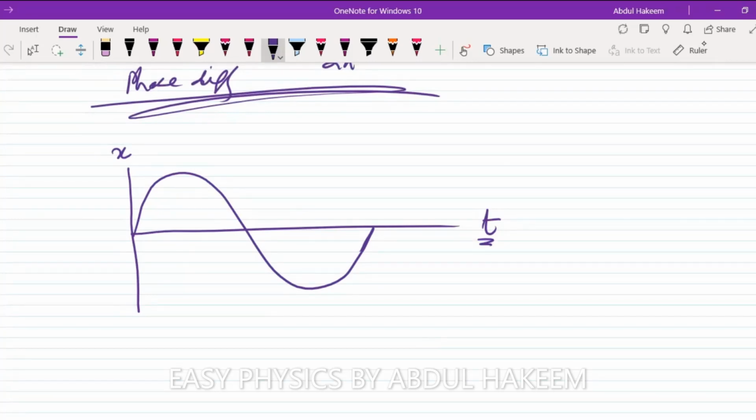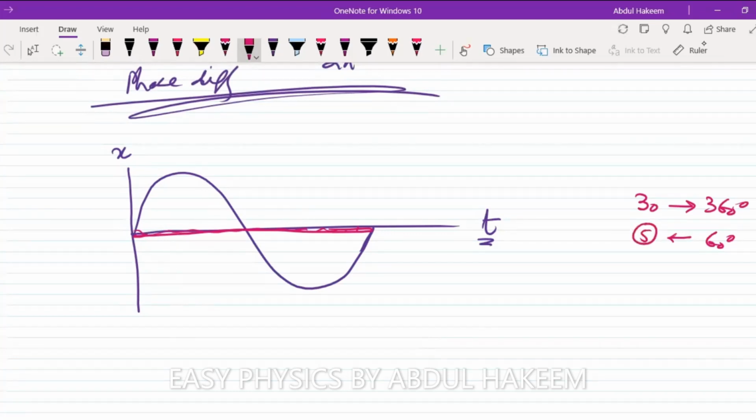So suppose from this point to this, the number of small boxes is 30. We will count the number of boxes on the graph. Suppose 30 boxes represent one wave, meaning 360 degrees. So for the first 60 degrees, how many boxes? By the unitary method, 5.